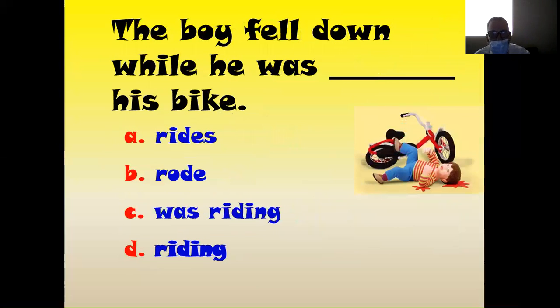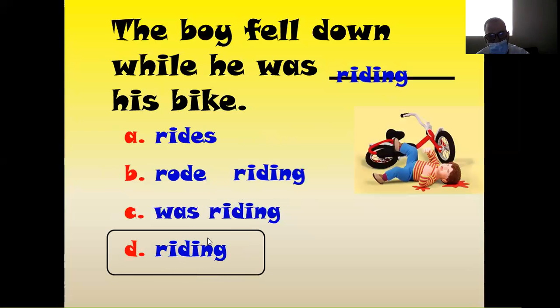The boy fell down while he was riding his bike. Of course, here is was, so I put verb plus ing. What happened? He fell down. What was he doing? He was riding his bike.